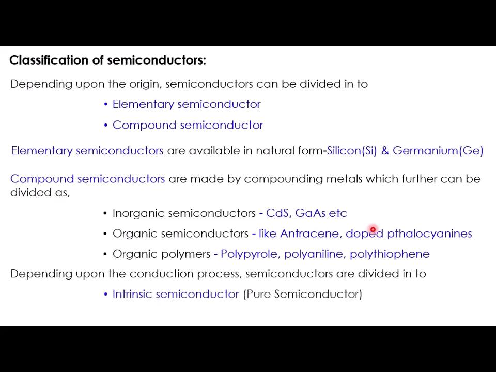One is called intrinsic semiconductor, which is also called pure semiconductor, and another is called extrinsic semiconductor, which is also called impure semiconductor. Now we are going to discuss in detail intrinsic semiconductors and extrinsic semiconductors.